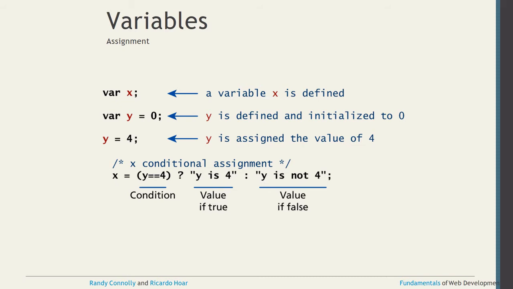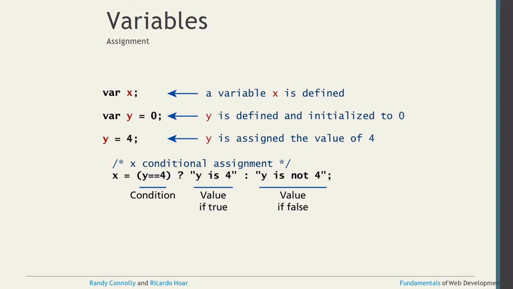In another way, we can assign a value to the variable. We can write like this. First we initialize the value, var y equal to 0. And one more thing to keep in mind: in JavaScript, whenever you write any syntax or statement, after that we have to put a semicolon.